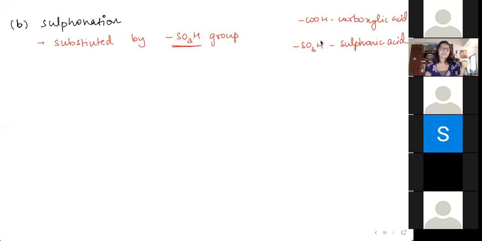Basically, you take off H and put Na, and its salts are what you find in shampoos. Just take any of your shampoo bottles. If you look at the ingredients, you will find sulfonic acid, sulfonates.